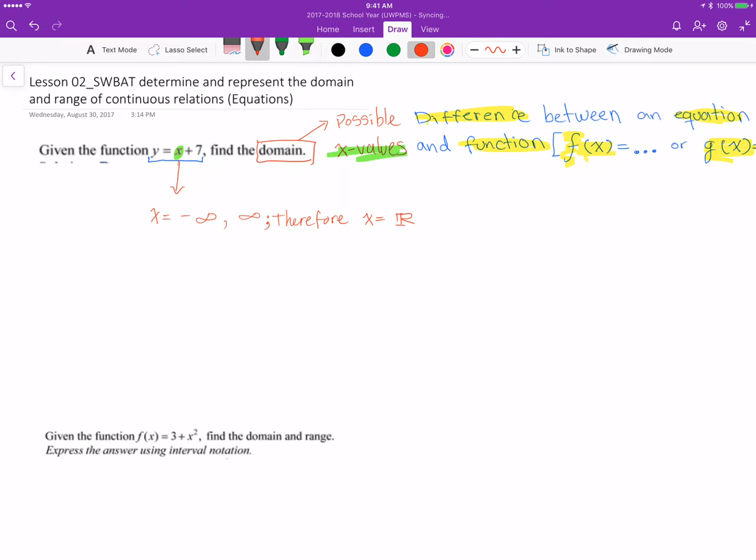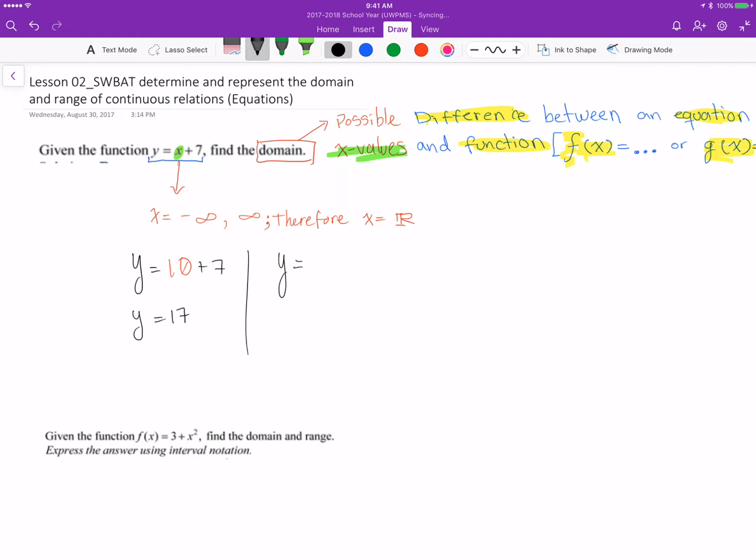You can add anything to 7. For example, y equals 10 plus 7, y equals 17. That's example 1.